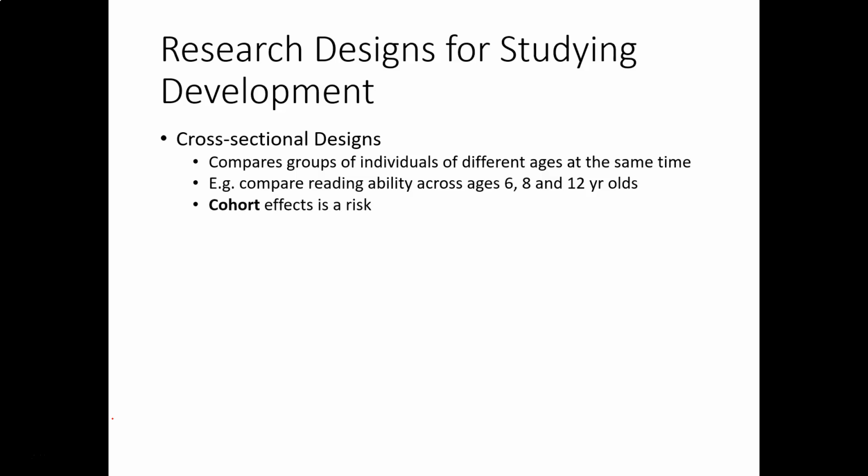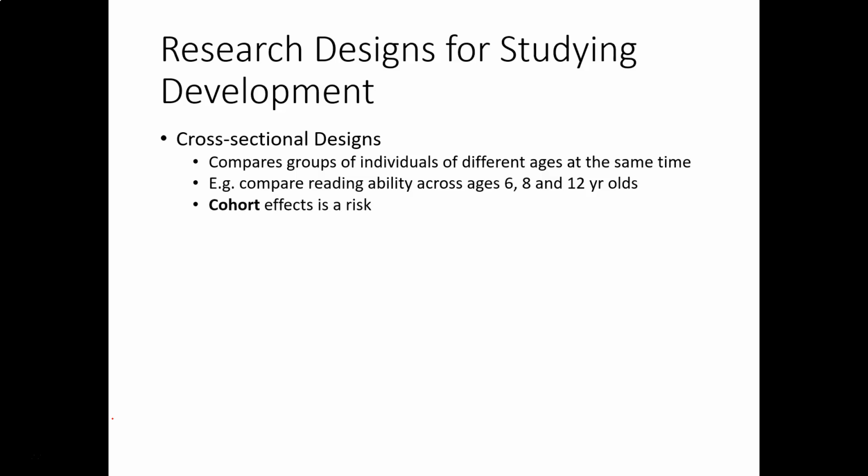An example of a cross-sectional design would be comparing reading ability across kiddos that are 6, 8, and 12 years of age. The problem with cross-sectional designs is that you may encounter something called cohort effects. Cohort effects, which we'll talk about in the next slide, don't represent developmental differences, but rather represent differences across the eras in which people were raised, generational differences, in other words.